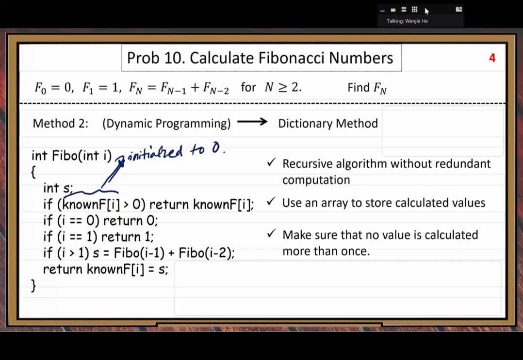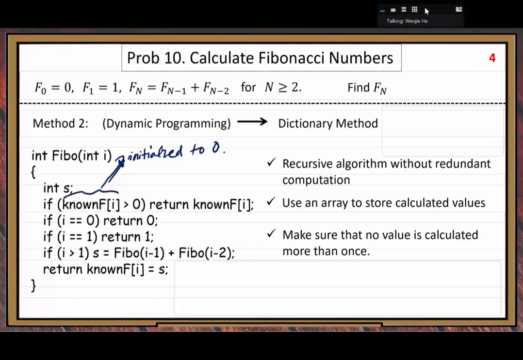If it's greater than 0, then return it. Don't do calculation. Just return to the stack, right? Because you find this value and return it, then it's available in the stack, and you can use this known value to do the calculation.